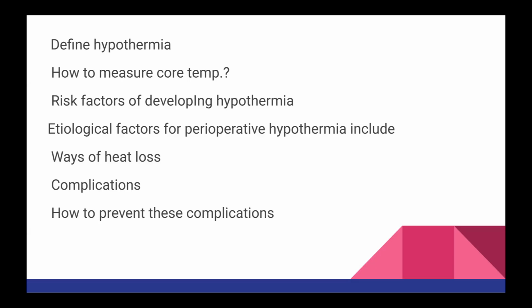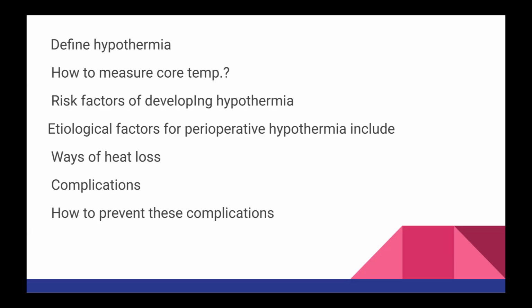So what measures can you take to prevent these complications from happening? First, we can always provide warming blankets to the patient, like Bair Hugger blankets, to prevent heat loss. Then we can give warmed IV fluids, and also warm irrigation fluids.